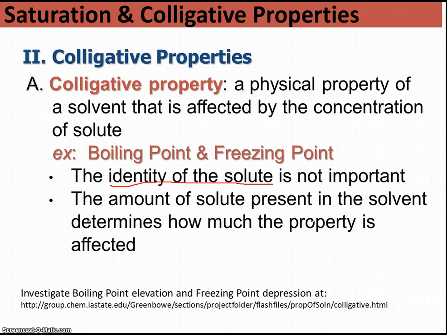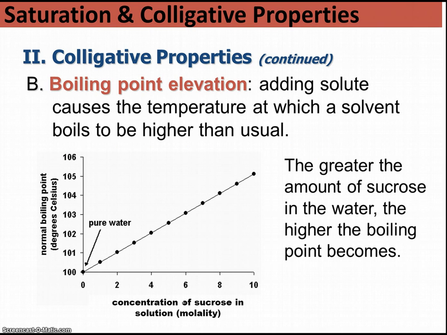So let's look at freezing point and boiling point and how they are affected. Let's look at an explanation. Boiling point can be elevated by adding solute. So what that means is that if you look at this graph here, pure water is at 0 molal. Molality is a measurement of concentration.